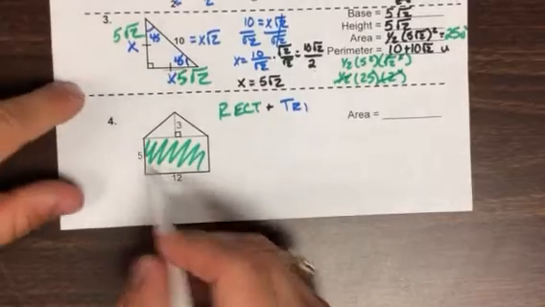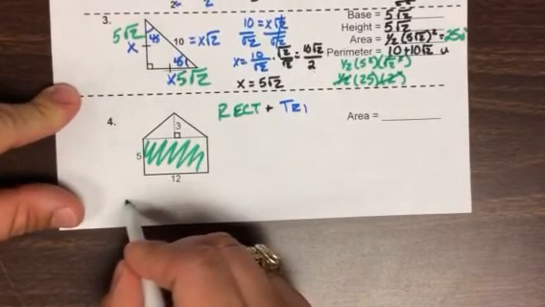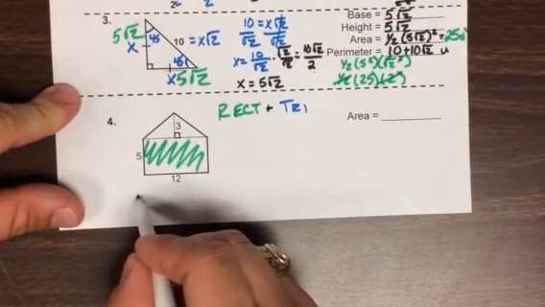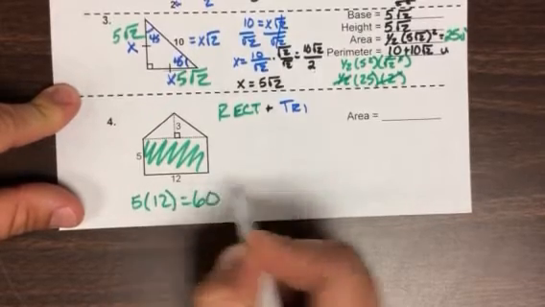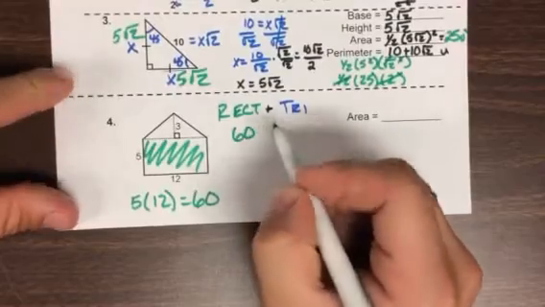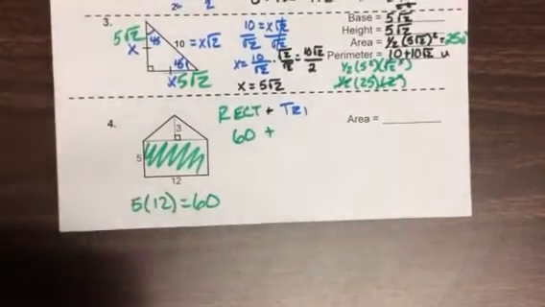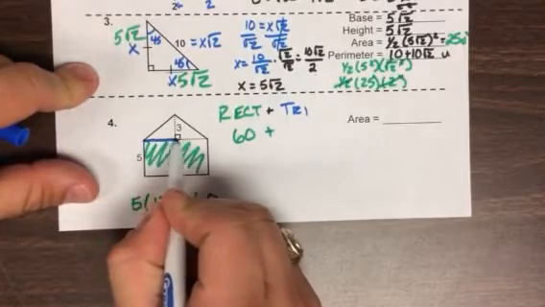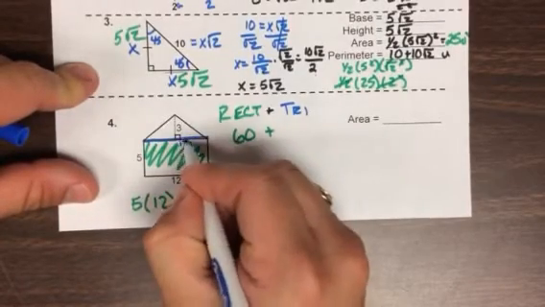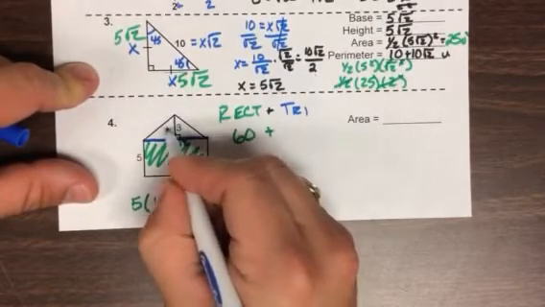Rectangle is just base times height. So the area of my rectangle is base times height, or 5 times 12, which is 60. Plus the area of my triangle. Let's look at my triangle here. It's got a base of 12 and a height of 3.